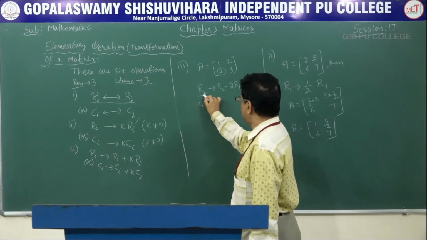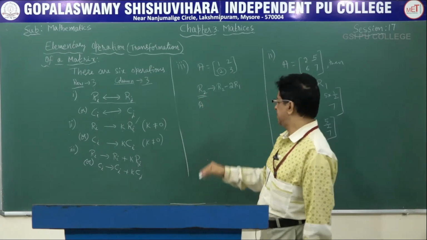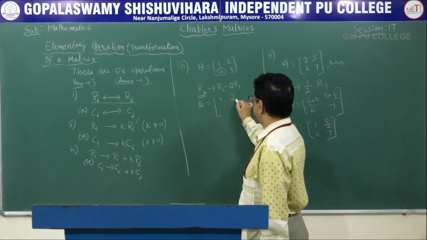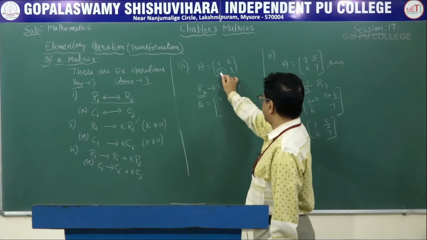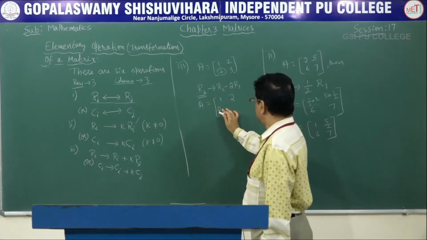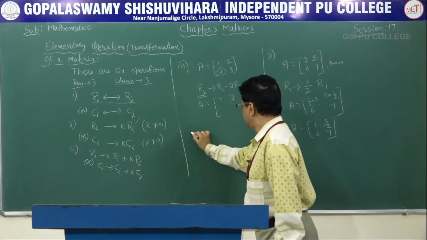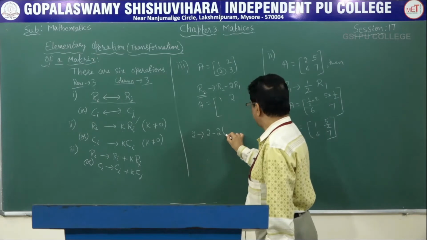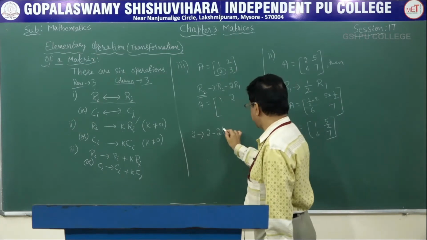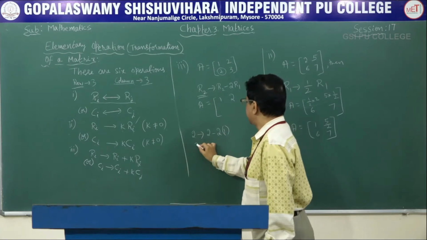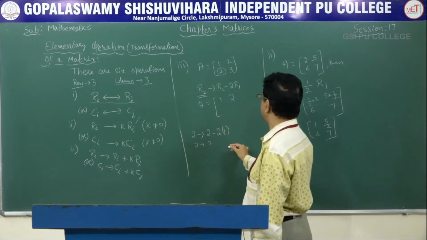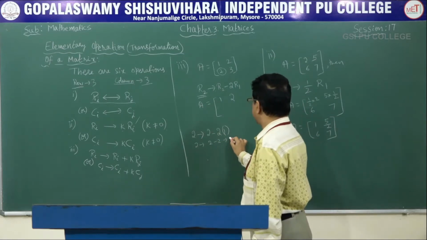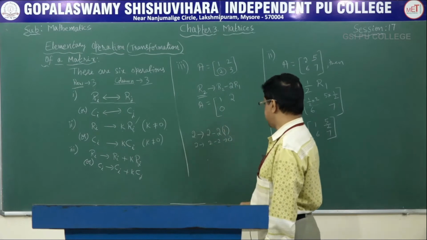So here the row 2 will get changed. That is, A will be equal to, first row remains as it is 1, 2, and the second row becomes, 2 is replaced by 2 minus 2 times R1. R1 element is 1. So 2 is replaced by 2 minus 2, that means 0. So this element will become 0.